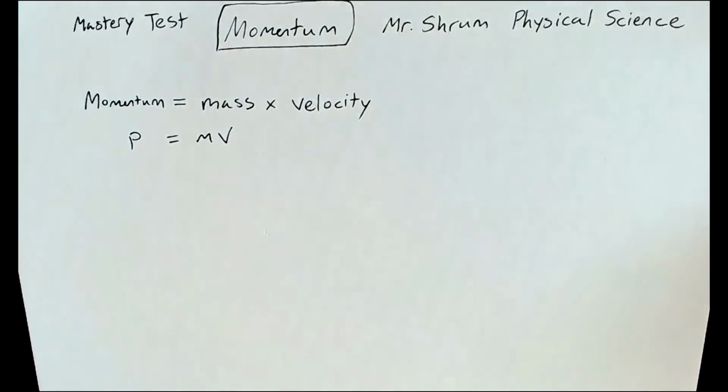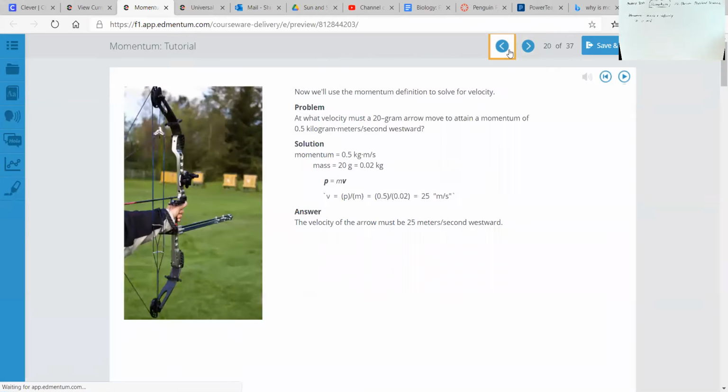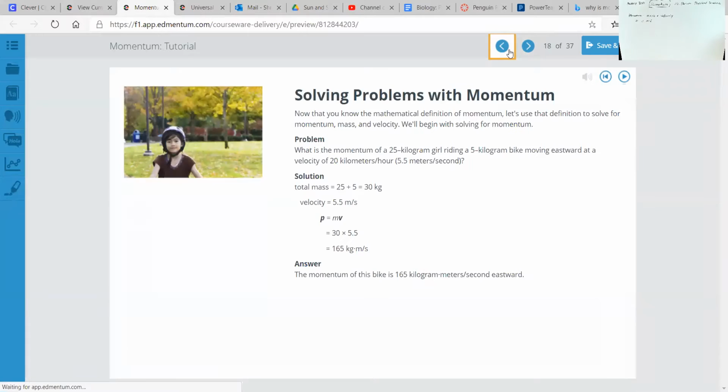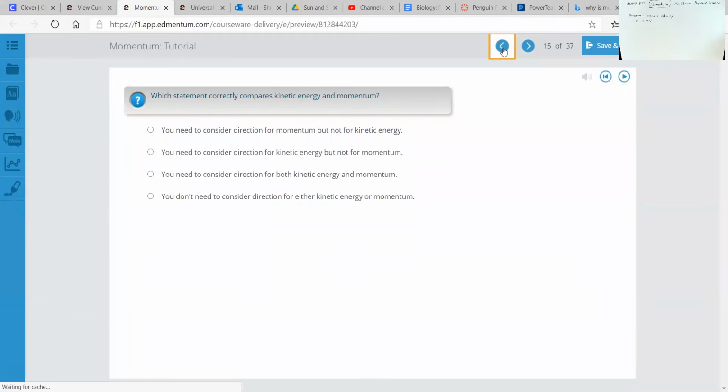And another group of important equations would be here in the lesson itself.